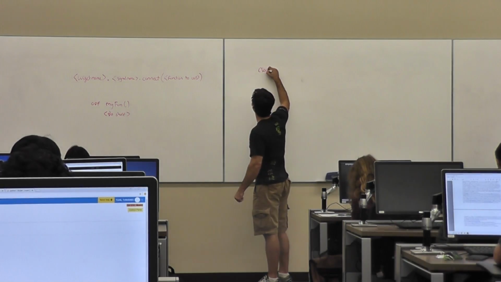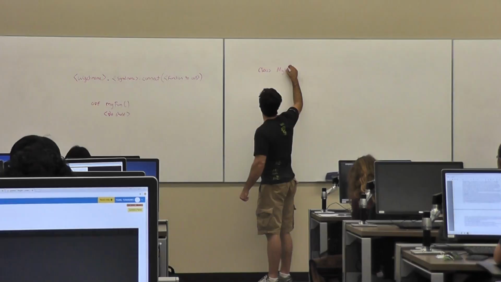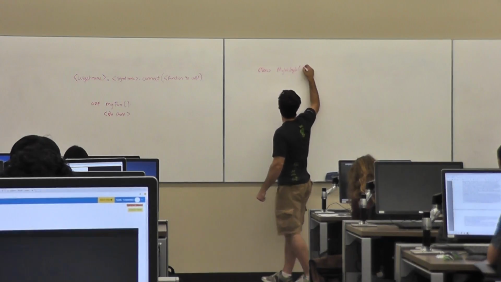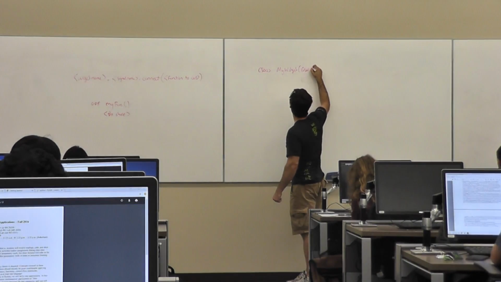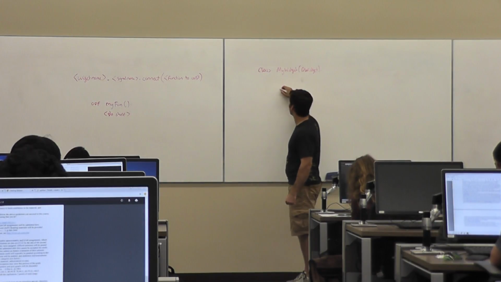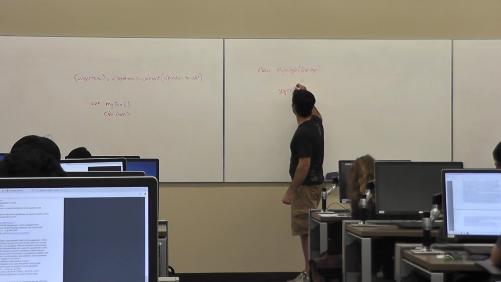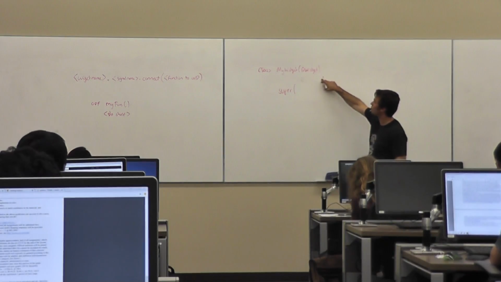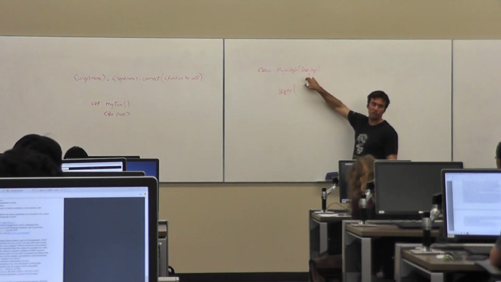I'm calling that class MyWidget. Its superclass is QWidget. Often in our init method, we're going to end up calling super. The reason that we do it is because ultimately we're going to want to call QWidget's initializer.